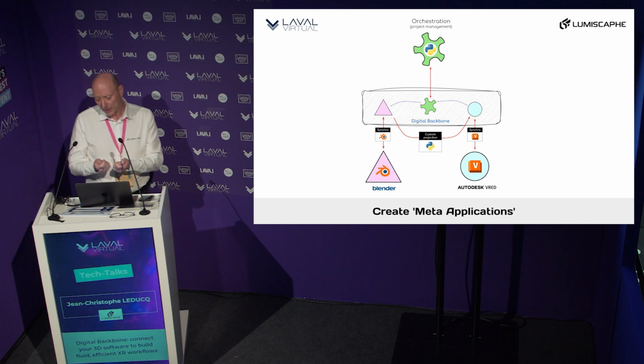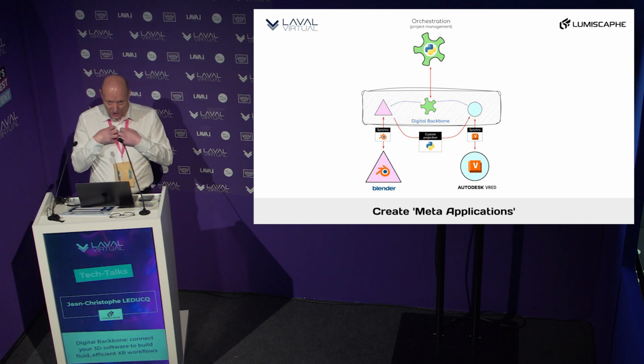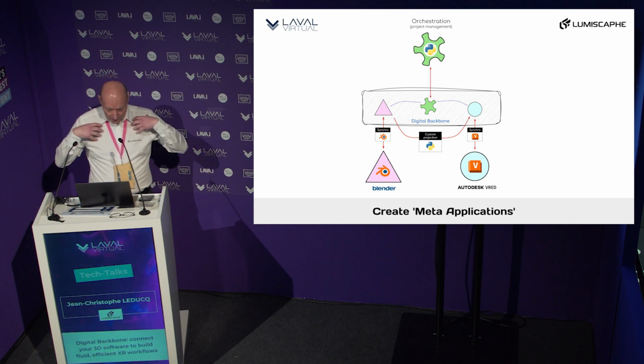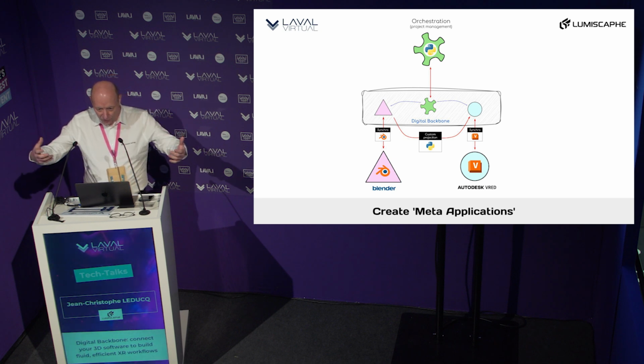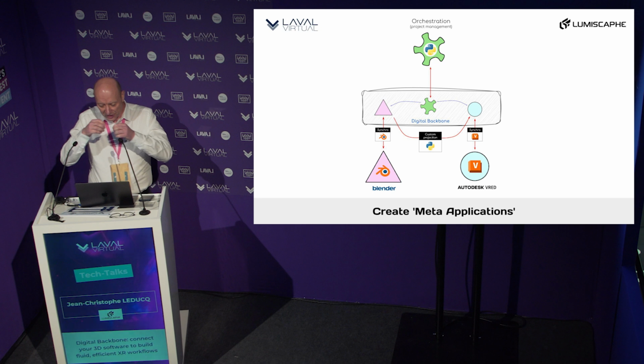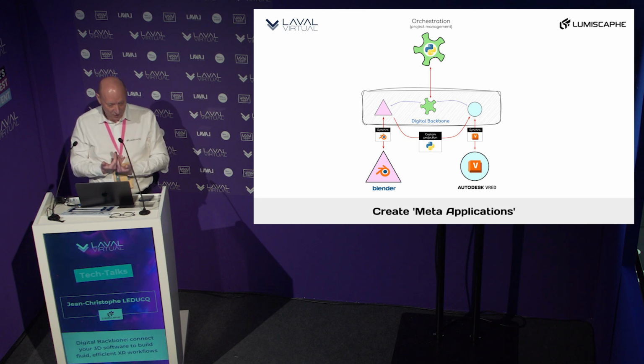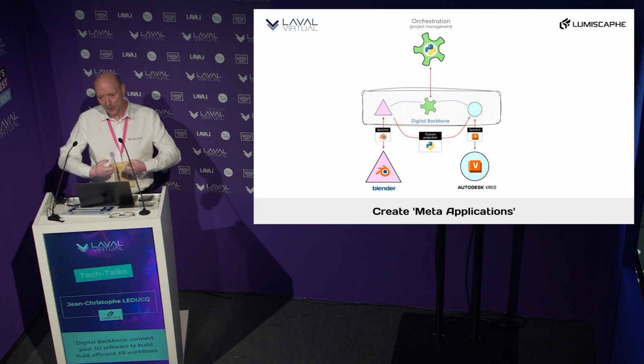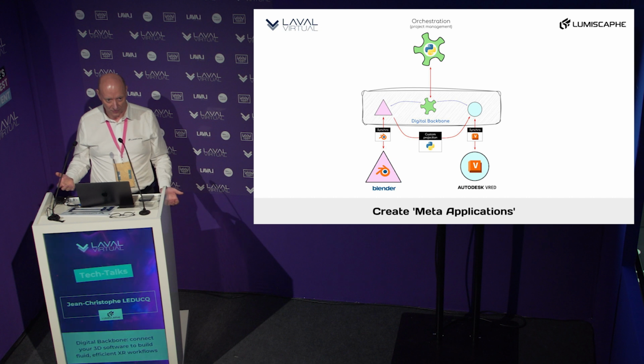And here is what I call a meta structure, because I have my project that references external structures from external software, but in the digital backbone, all is uniform. So I have an appropriation of all these datasets and structures, and create my own complex data structure built over external data structures.